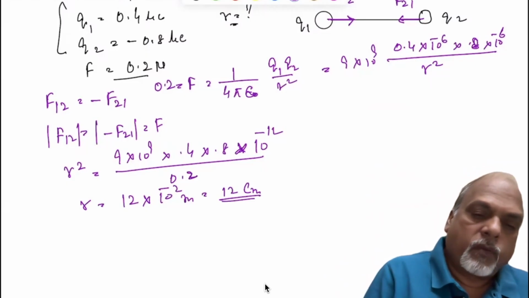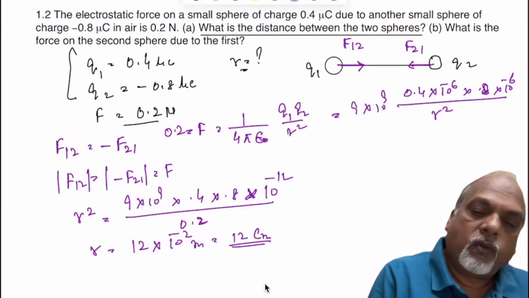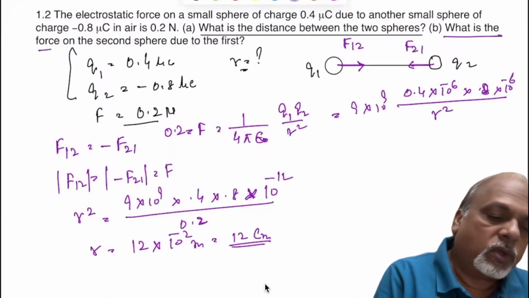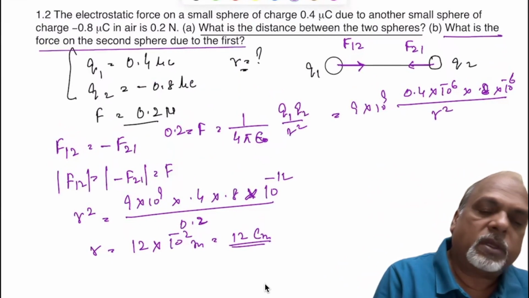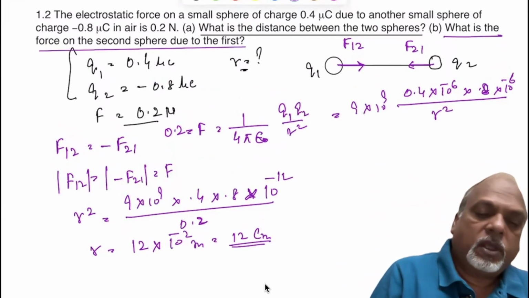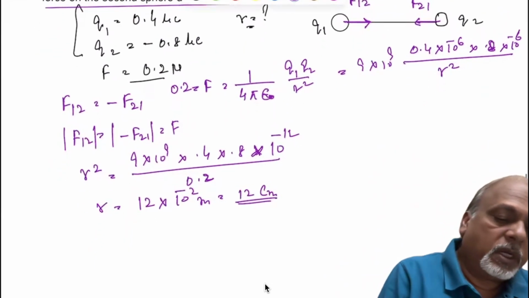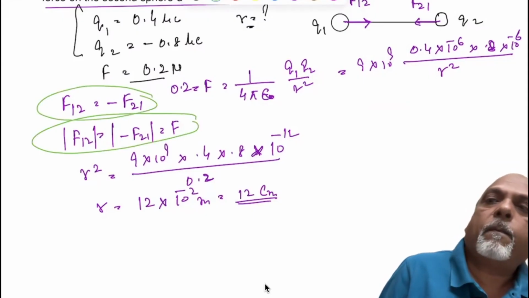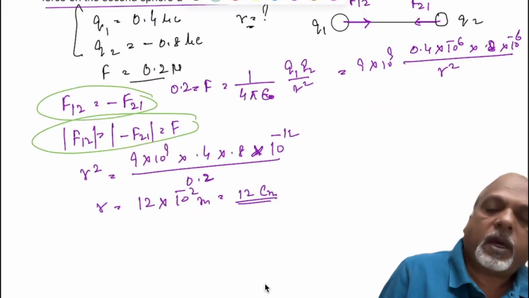Now, first part is okay. What does the second part say? What is the force on this second sphere due to first? Now, since the force is mutual, I have already told you, this force is equal and opposite. Correct.